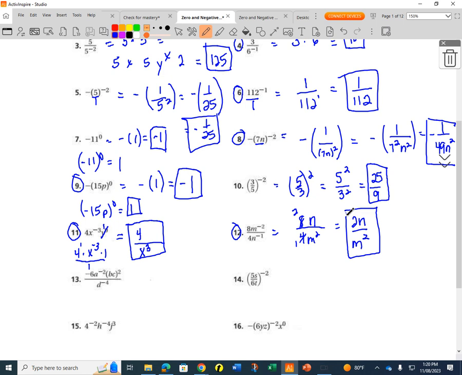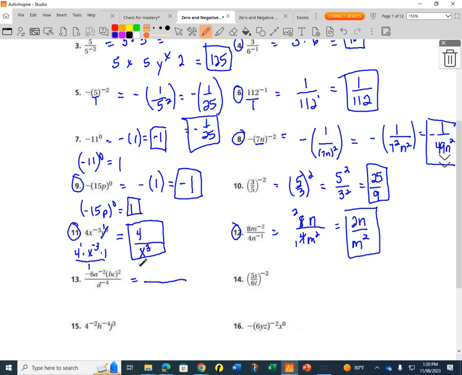Okay. So 13 gets a little bit more involved, right? I'm going to give myself a fraction because I have some positive exponents and some negative exponents. The first thing I'm going to do is move everything with a negative exponent. If it's in the top, I'm moving it to the bottom.